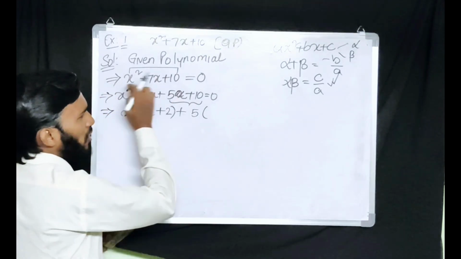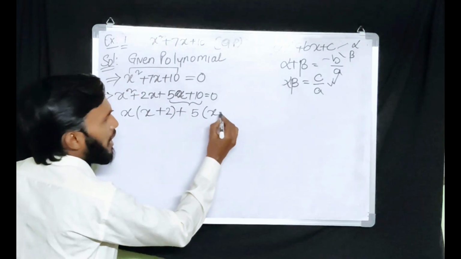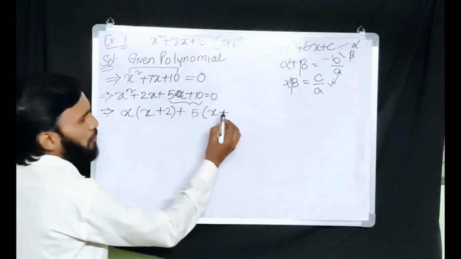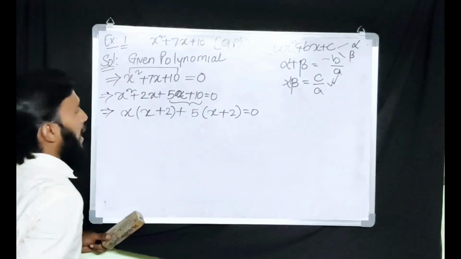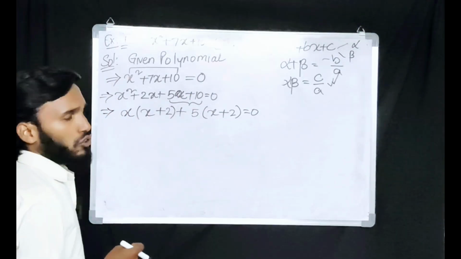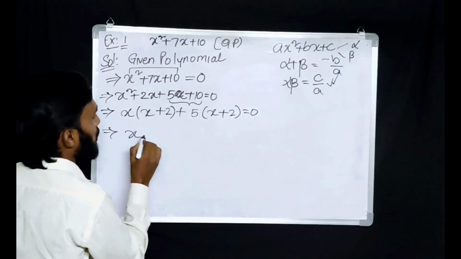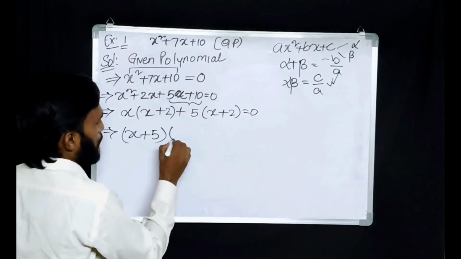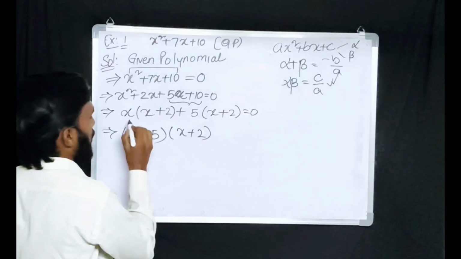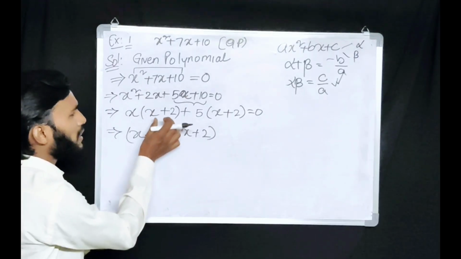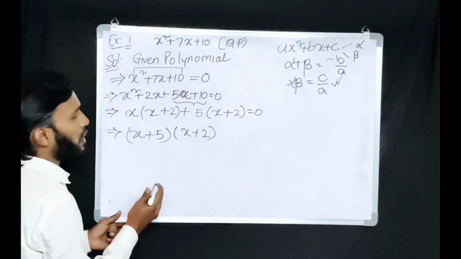If you take 5 common, x is left, and 10 is 5 times 2, so 2 is left. So here we have two factors: x plus 5 and x plus 2. These are the two factors, one is the inner one and another one is the outer one.